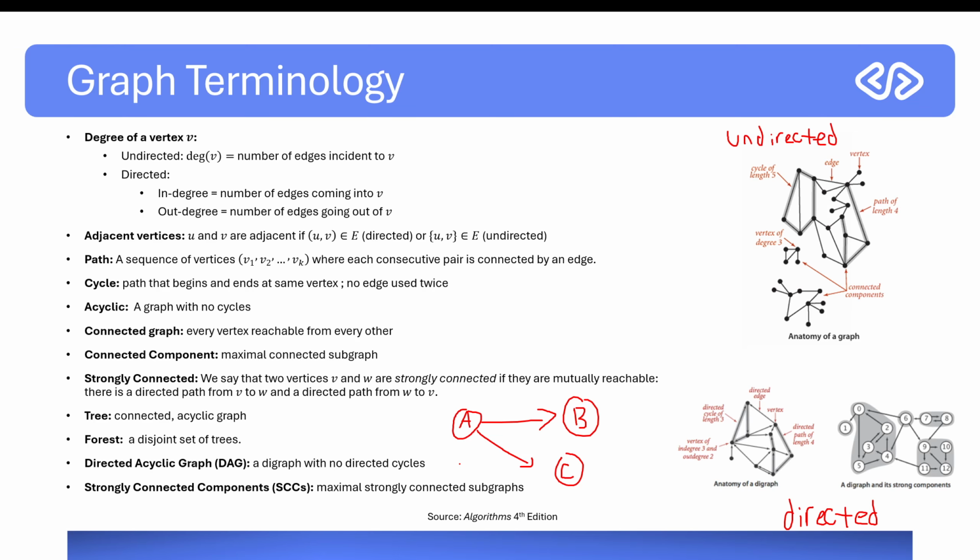So this is a directed graph, right? It's directed because I defined directed edges. And there's no cycle. So there's no vertex here where I can get back to that vertex. Like I can't go from A, C back to A. So this is acyclic and it's directed, so it's a DAG.